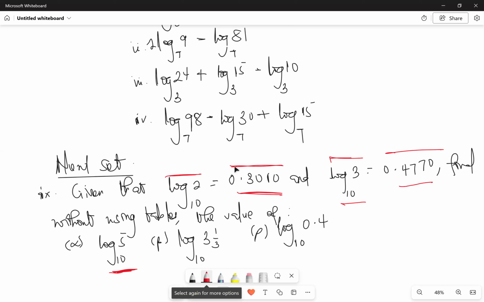If the answers correspond to one another, then it should tell you that when you solve log 5, log 3 whole number 1 over 3 base 10, and so on, manually, using log 2, log 3, the answer you get must be the same as when you put log 5 base 10 on a calculator. Yeah, 1 second.